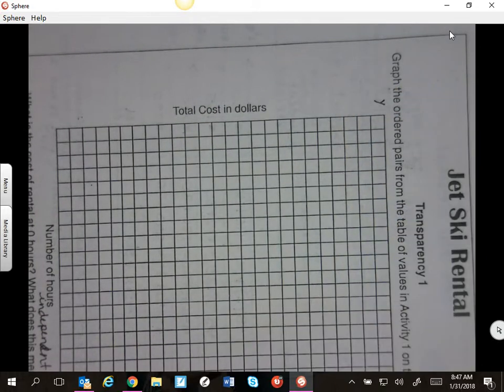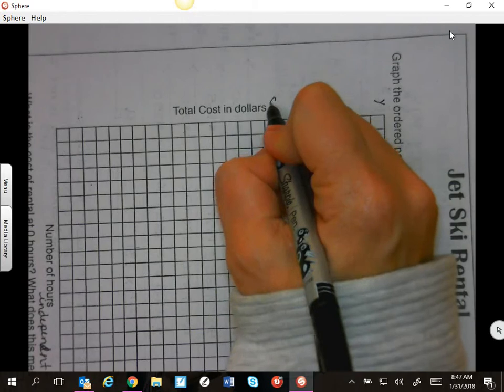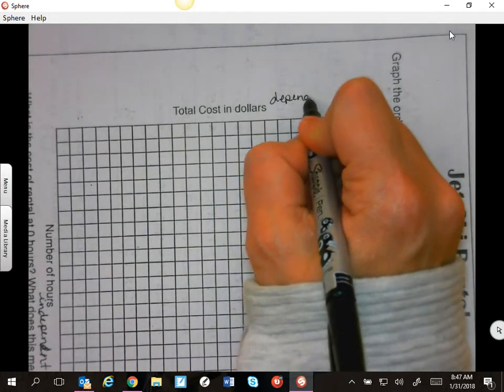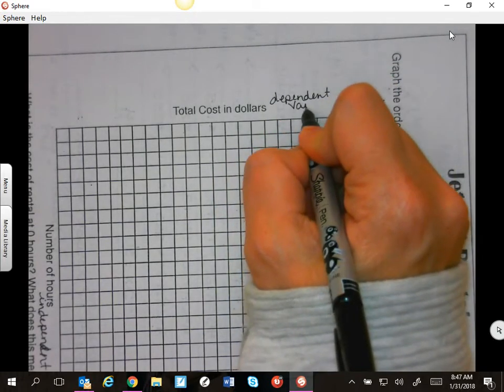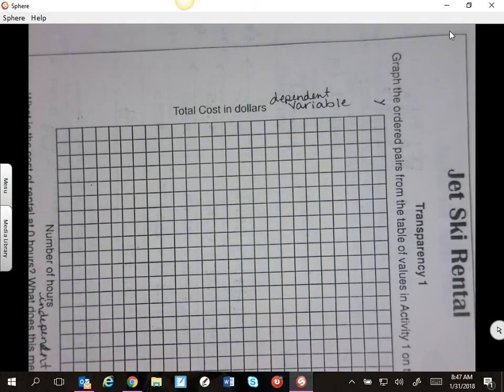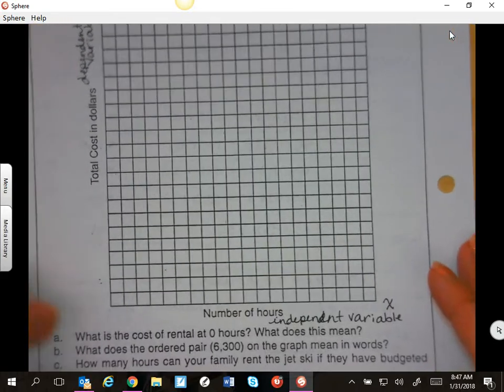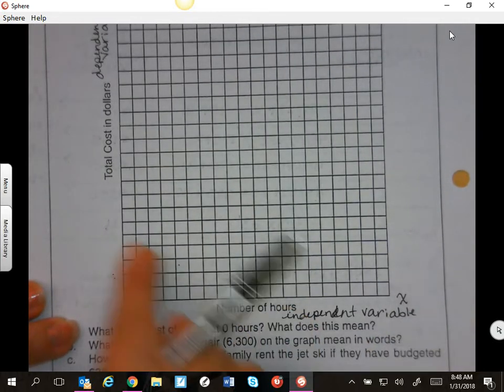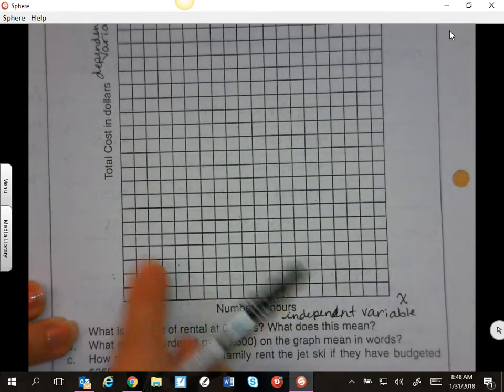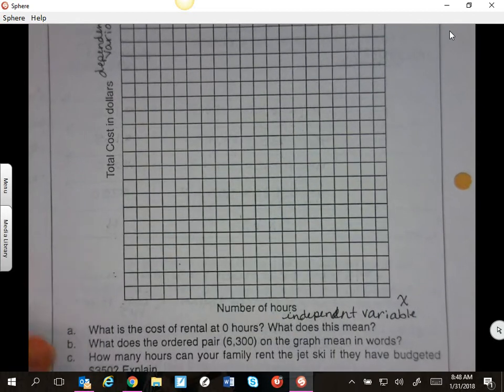It has a tail going up and down. This will always be our dependent variable. Always, always, always. You must, when you make a graph for me, put labels on your axes. Okay, I need to know what those numbers are representing.